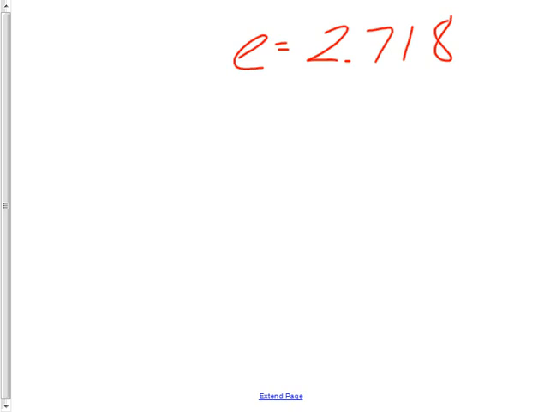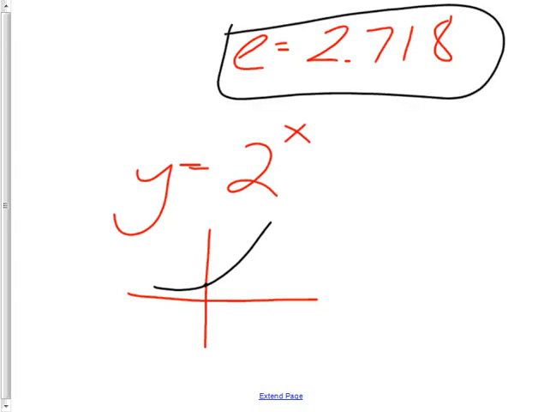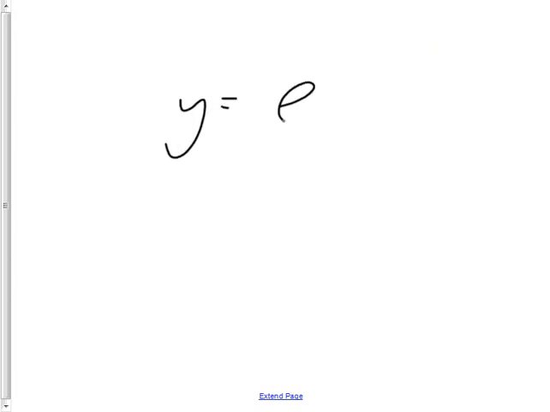So we introduced this new function, but it's the same thing. If I had said 2 to the x, you should be like, oh yeah, I know what that is. It's exponential growth. And it kind of looks like this, and it goes up. It goes right there at x equals 0. And then this one, since e is 2.718, when I go y equals e to the x, don't freak out like it's an all new function. It's not. It's just 2.718 to the x.